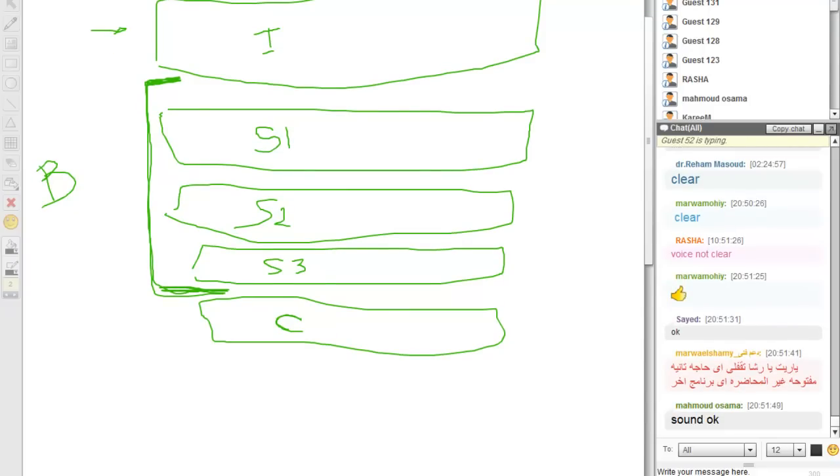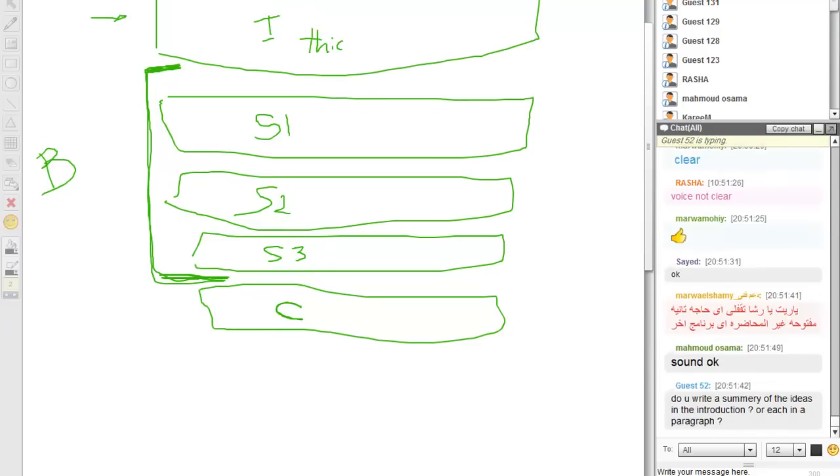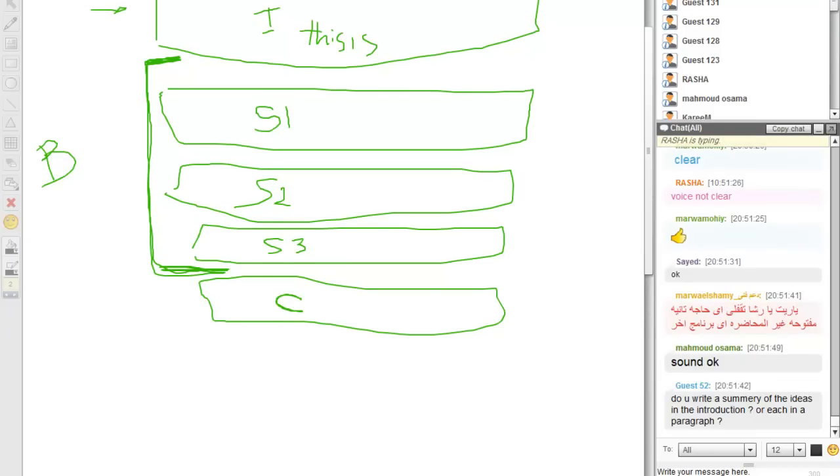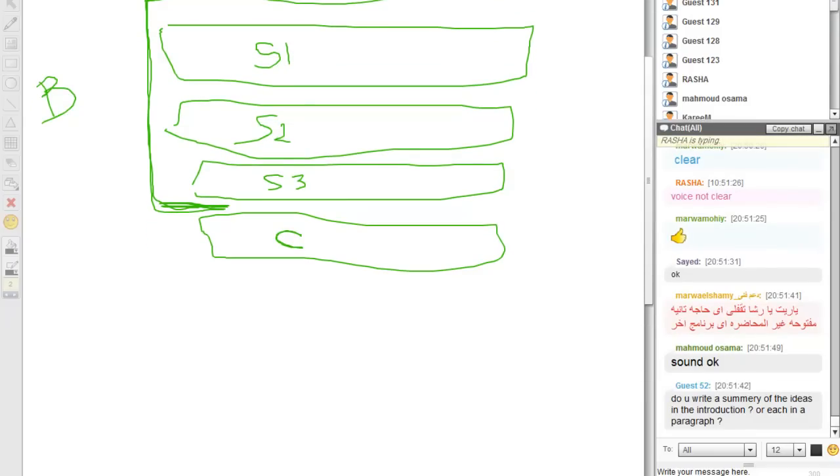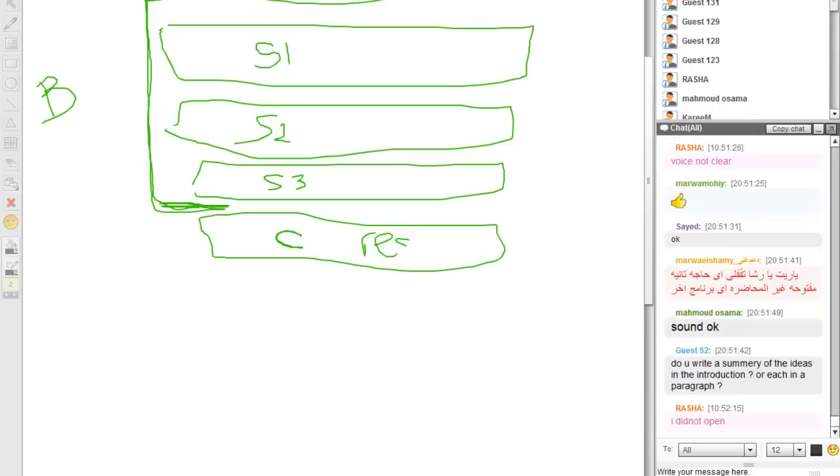Then the last paragraph will be the conclusion. Here I state my thesis, and here I restate my thesis.